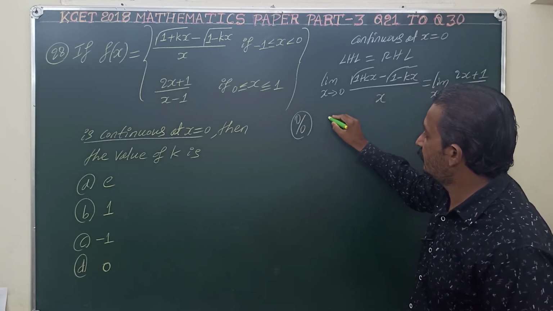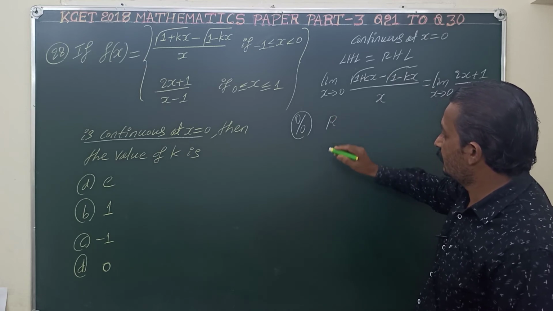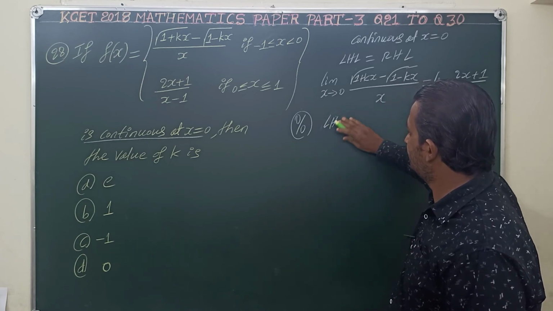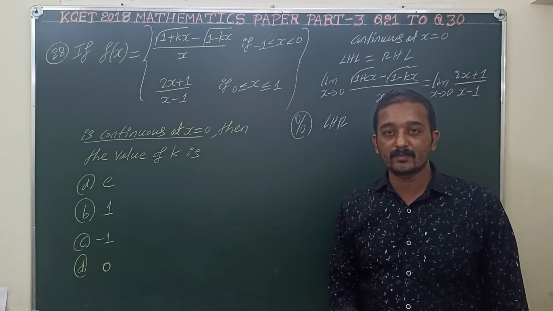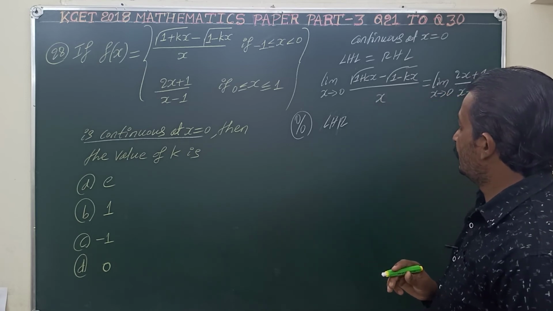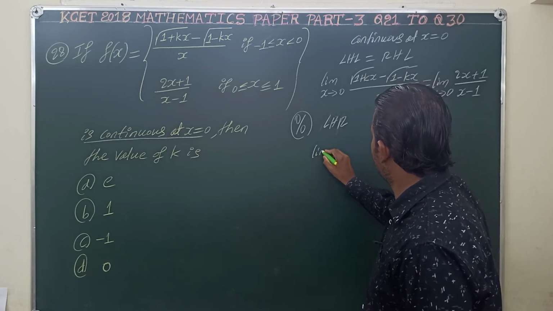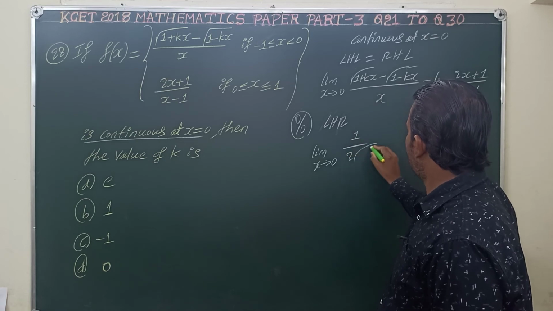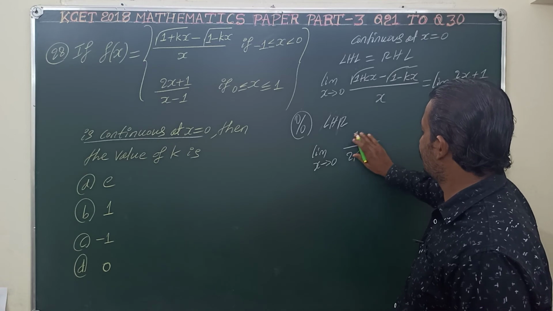When 0 by 0 form is obtained, apply L'Hospital rule, the LHR rule. So LHR rule means differentiate numerator and denominator till we get out of the 0 by 0 form. So now differentiate the numerator. In this case limit x tends to 0, 1 divided by 2 root of 1 plus kx, again differentiate 1 plus kx, nothing but k.